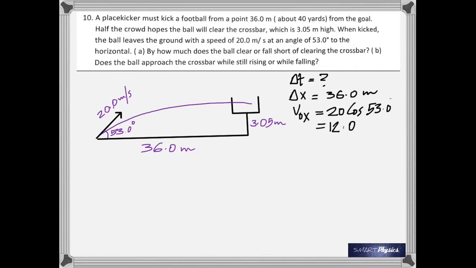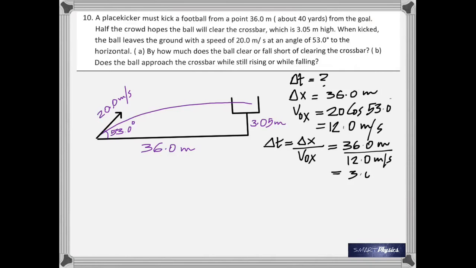So 20 cos 53 is 12 meter per second. And so time is delta x by v0x, which is 36 meter divided by 12 meter per second. That gives 3 seconds, 3.0 seconds.